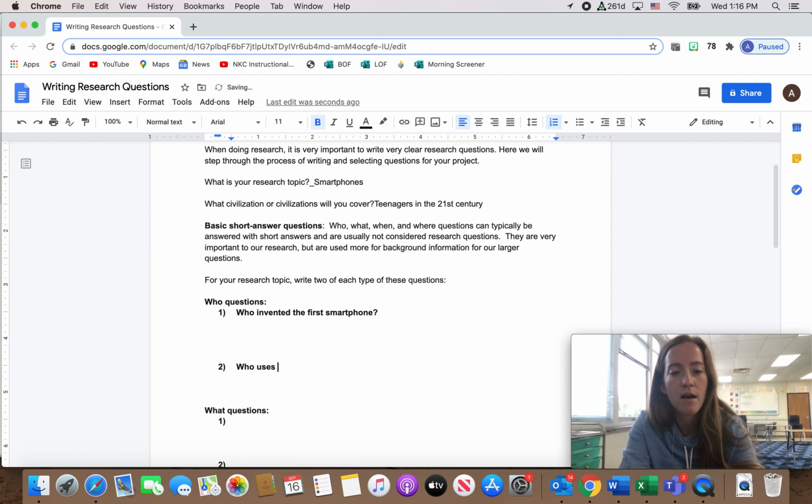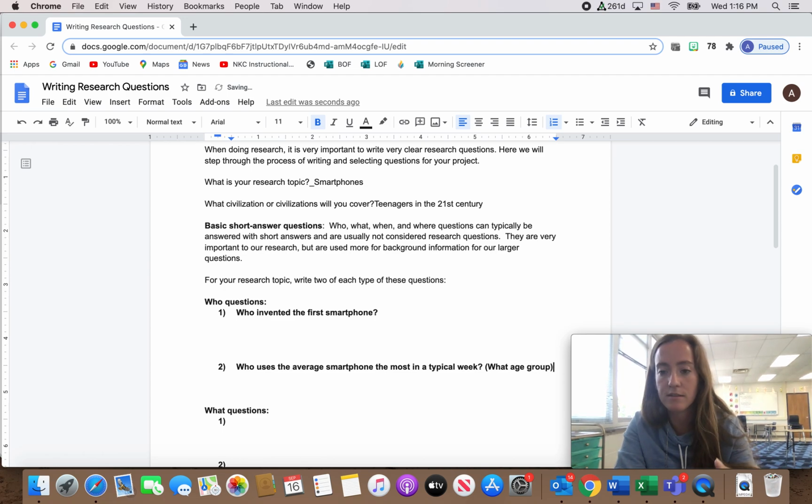Who uses the average smartphone the most in a typical week? By that, I'm wondering what age group. Do we think it's teenagers? Do we think it's more like adults, older people? Who uses the average smartphone the most in a typical week is what I'm wondering.